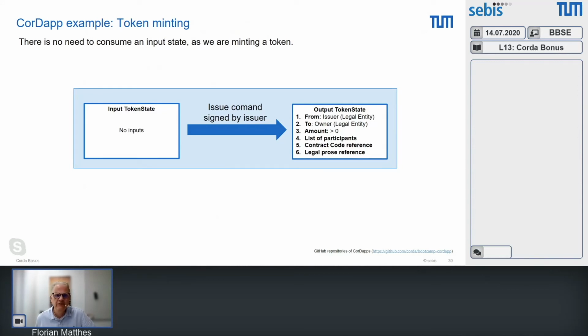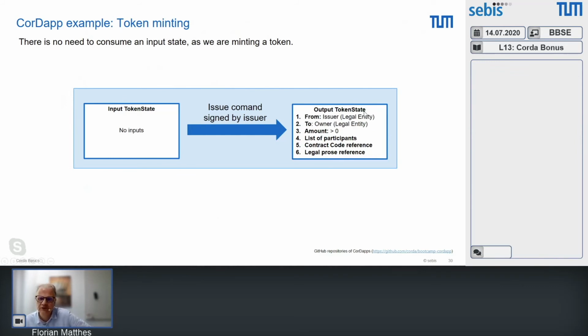So what we now have is the following idea: in the end we want to perform the following state transition from no existing inputs to creating the initial token. This token state would look as follows.